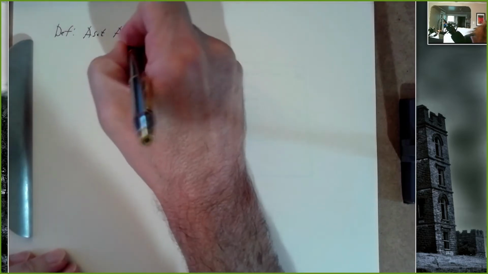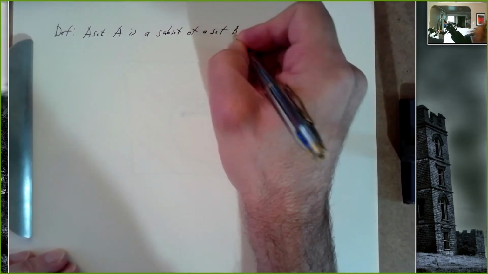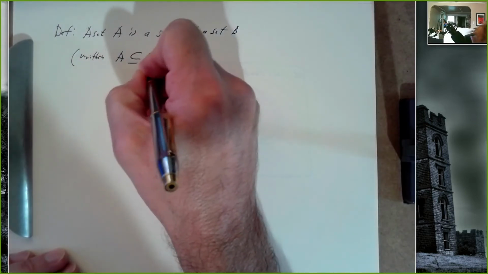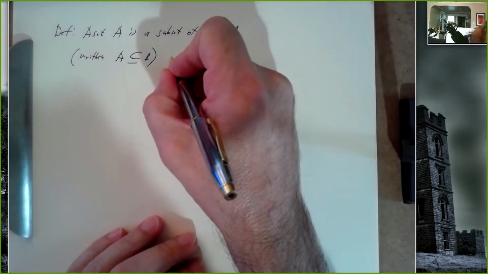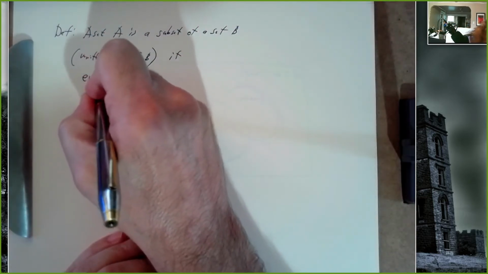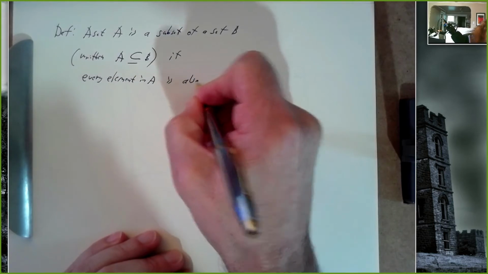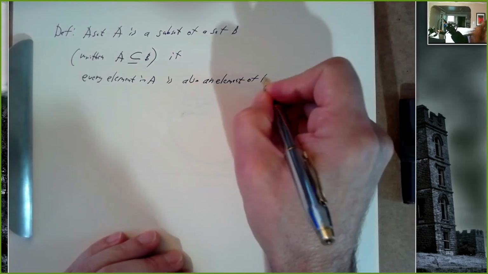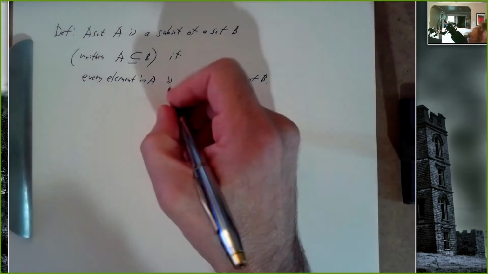A set A is a subset of a set B. We write this with the following symbol: A with this sideways U with a line underneath it, that means A is a subset of B, if every element in A is also an element of B. So A is a subset of B if every element in A is also an element in B.